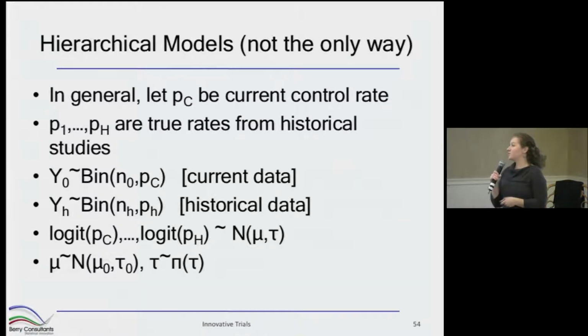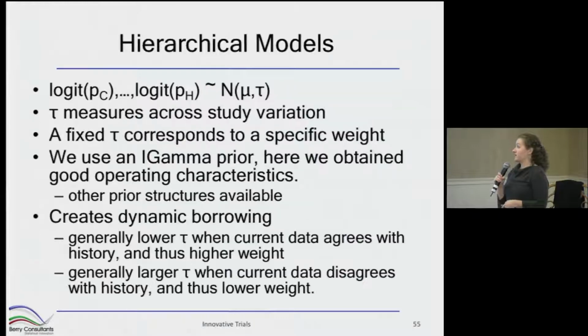We assume that this group of historical rates has a normal distribution with some mean and some standard deviation tau. And this parameter tau is what we just talked about. That's the parameter that measures the study-to-study variability, and that's what's going to control the degree of our borrowing. So tau is the most important parameter for the borrowing.